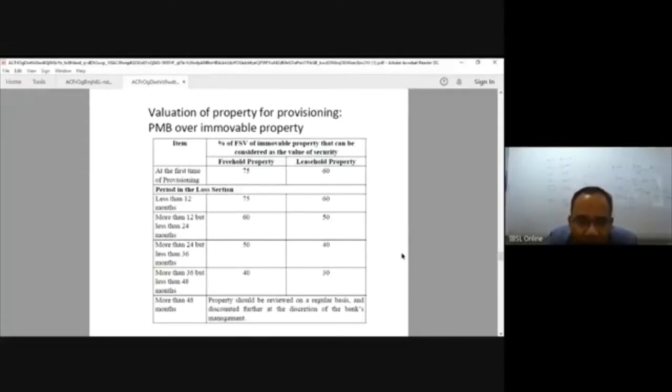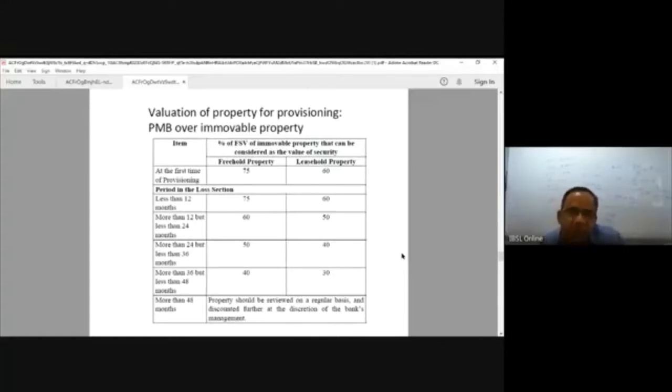So here, as per the central bank's regulations, if a particular loan advance is in the loss section for more than 4 years, the property value will not be taken into account at all.